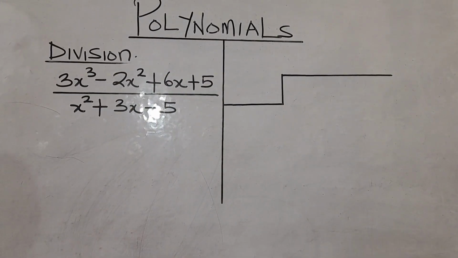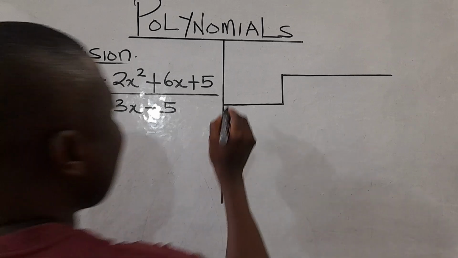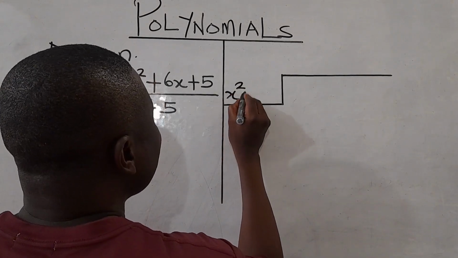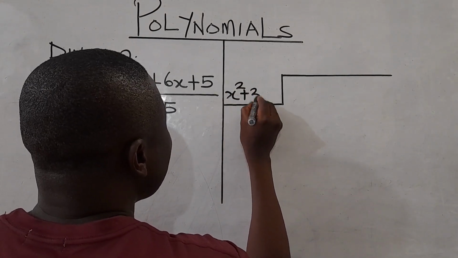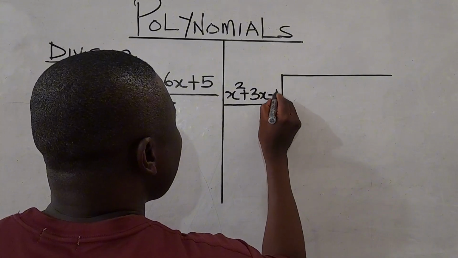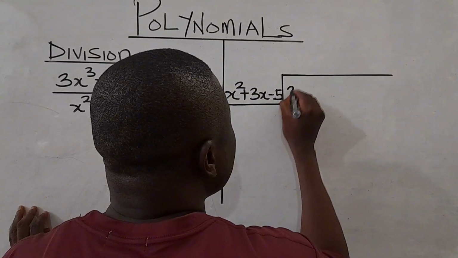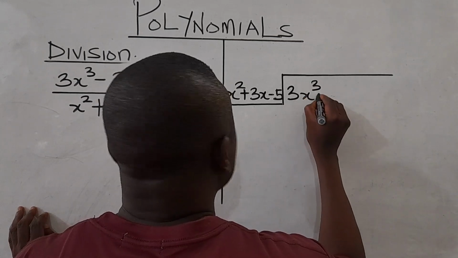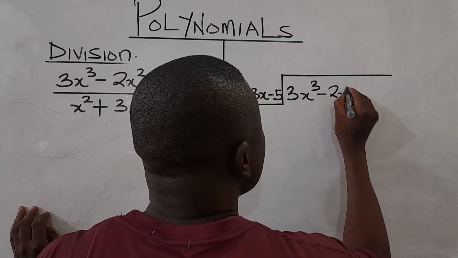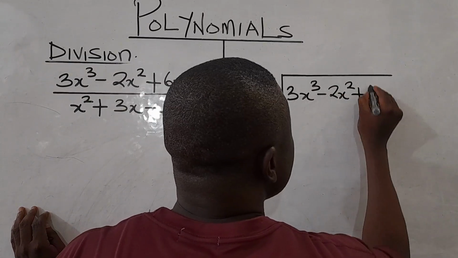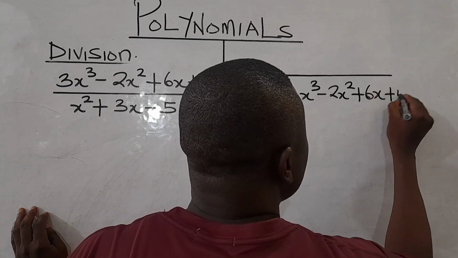So our divisor is x squared plus 3x minus 5. And our dividend is 3x cubed minus 2x squared plus 6x plus 5.